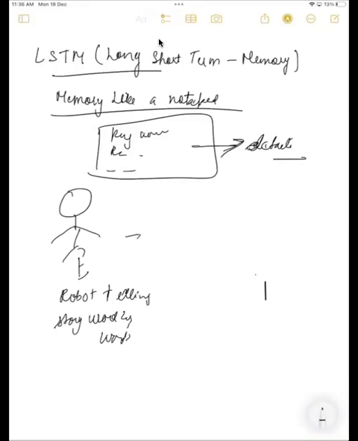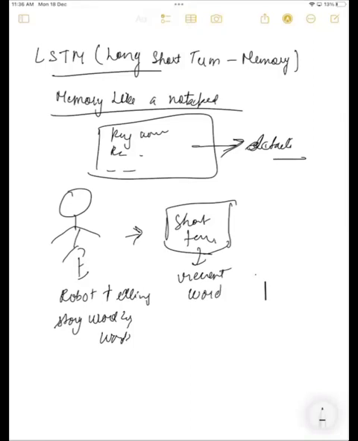If we're talking about short term, the robot only remembers the recent words. These words ensure the sentences make sense.